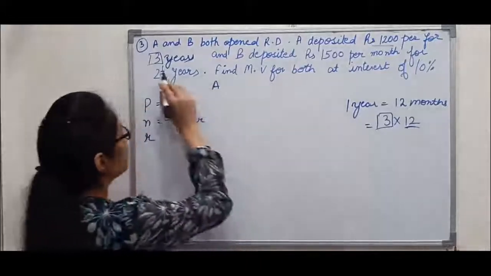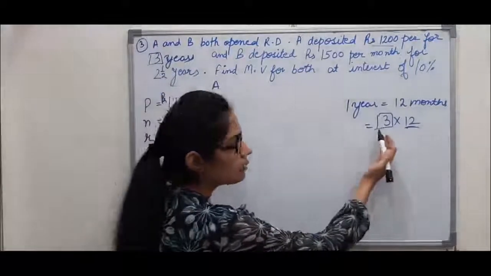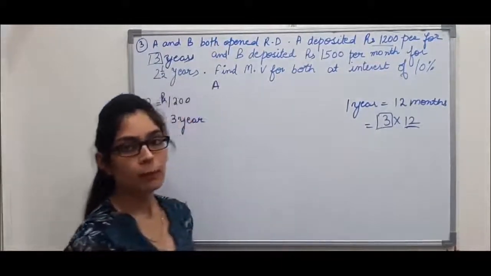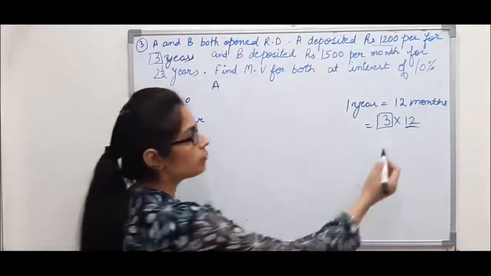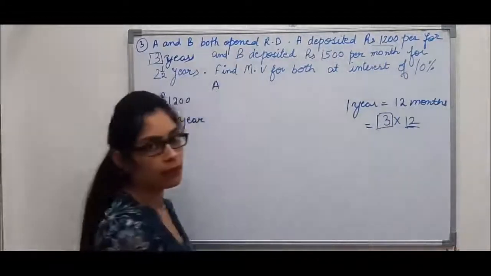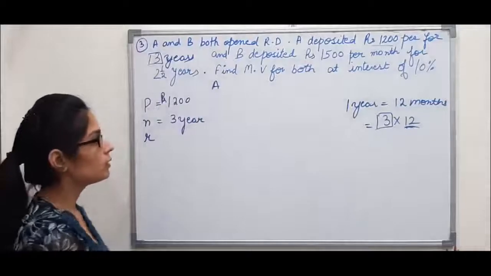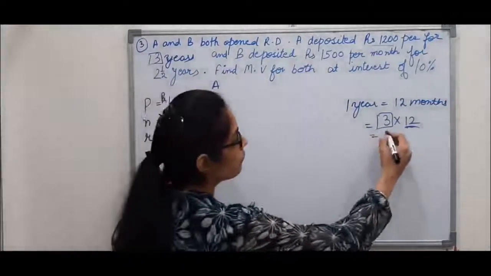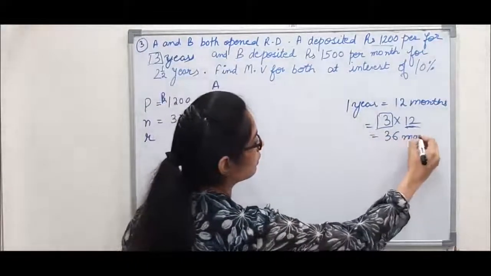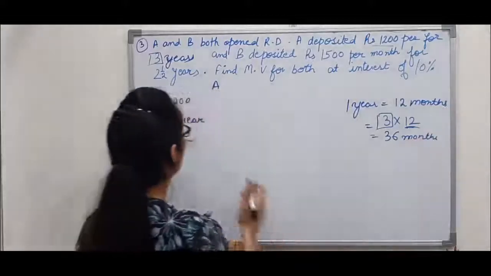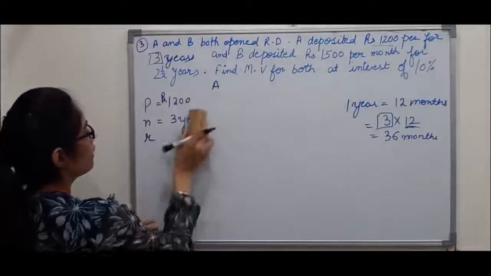So now they have given us 3 years. I am multiplying 3 with 12. So 3 into 12 is 36 months. This I will directly write.